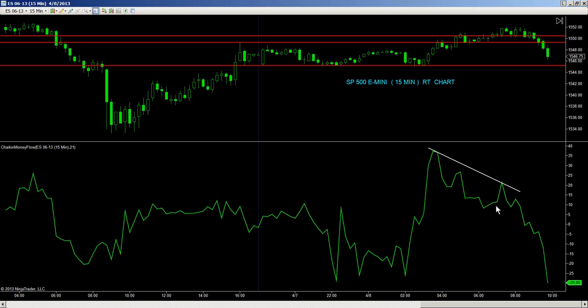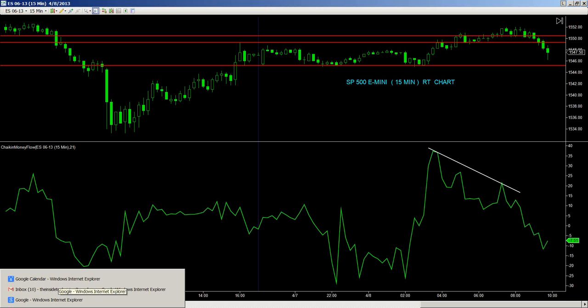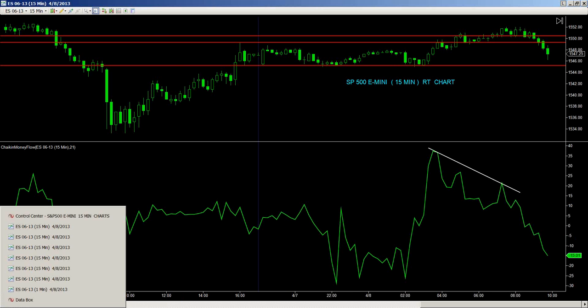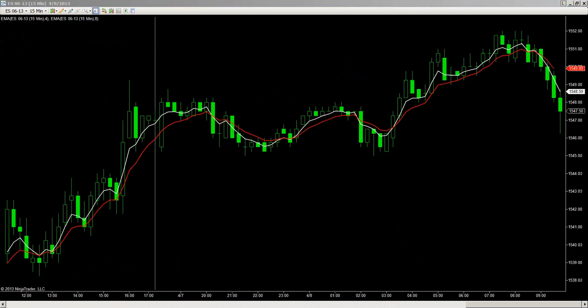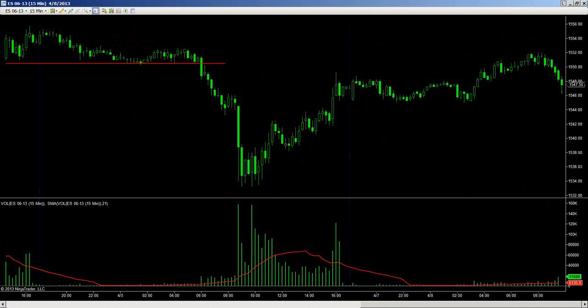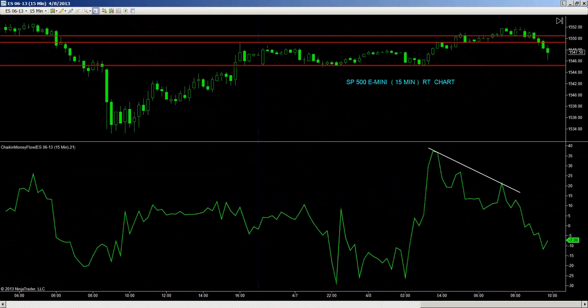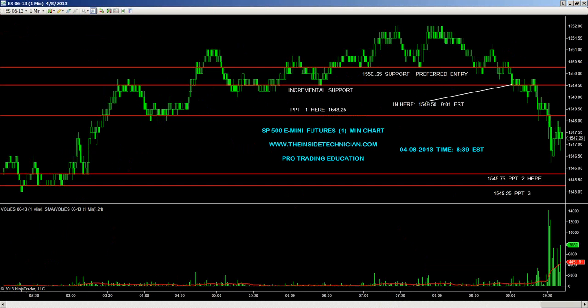Longer term money is shorting, shorting, shorting. $1547.50 mark to the market.